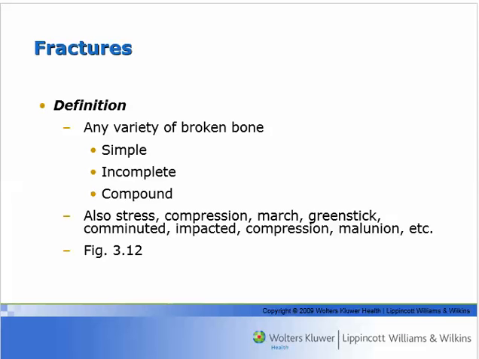There are stress or fatigue fractures, from repeated use and bending in the exact same spot. And the third type is a pathologic fracture, a fracture in bone weakened by disease, like osteoporosis or cancer or something like that.